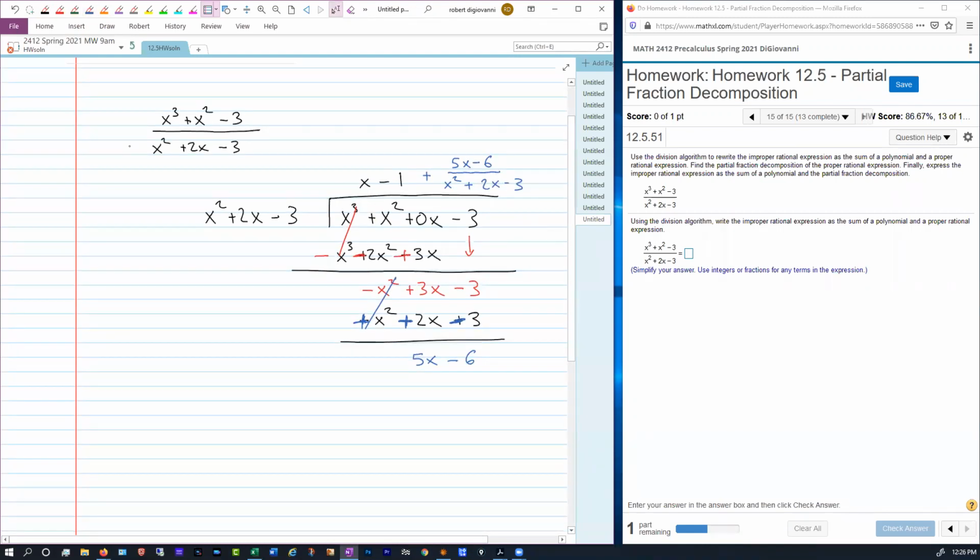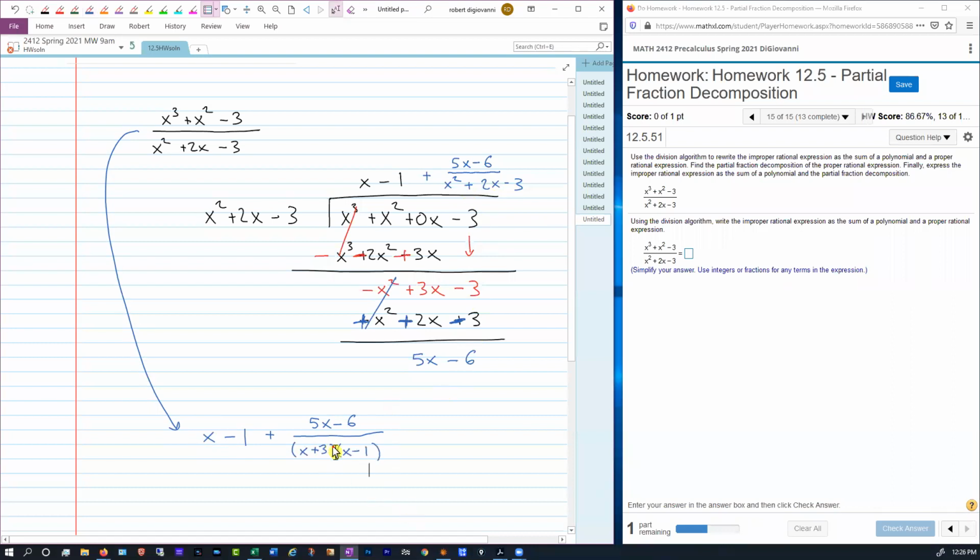Okay, so far what we can say is this is equal to x minus 1 plus 5x minus 6 over this denominator, but I'm going to factor that right now.